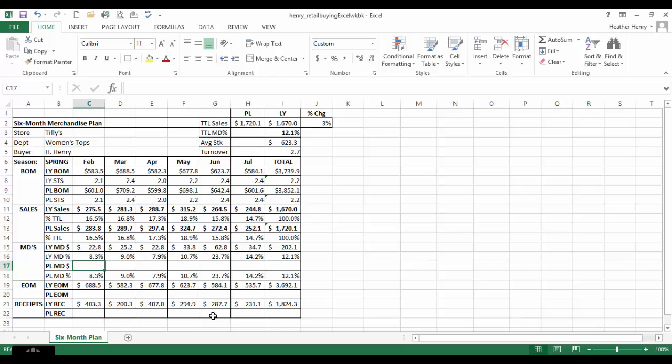So now we will need to take our current planned sales, multiply it by our markdown rate in order to get our total markdown dollars. Once again, let's go ahead and bold our dollar information, and we will leave our percents unbolded.